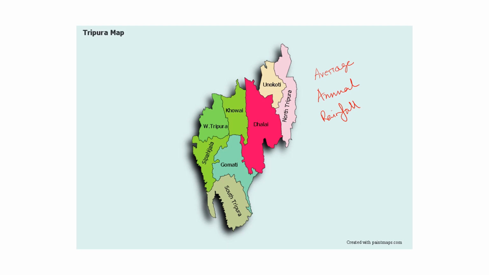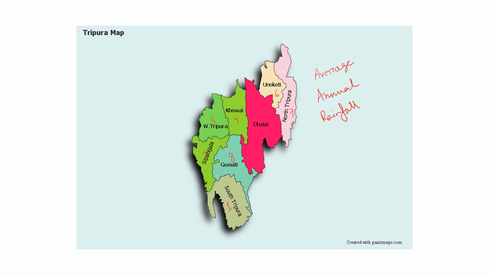So let us assume, as you can see from the map of Tripura, that there are 9 districts: South Tripura, Sepahijala, West Tripura, Khowai, Dhalai, Unakoti, North Tripura, Gomati.